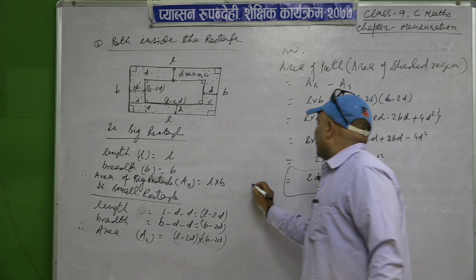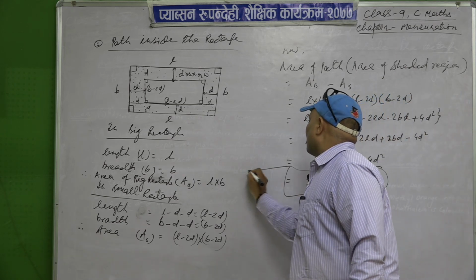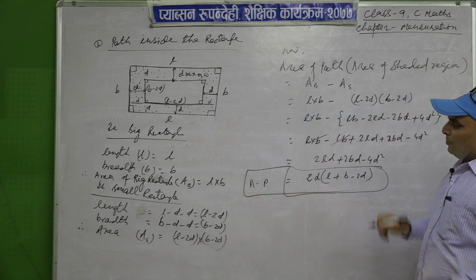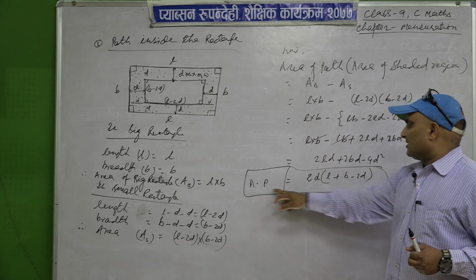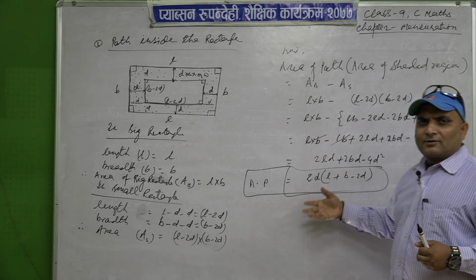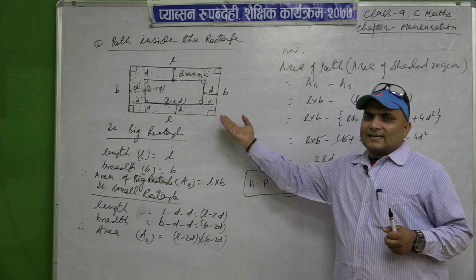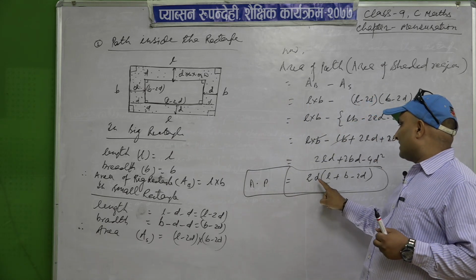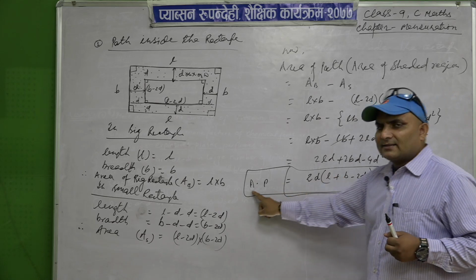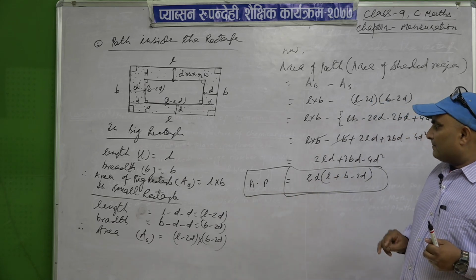This is the area of path. We don't need this much. If you use this formula, you can find out the area of this path directly. Or this is an equation. Sometimes you may be given this, then you will get the value of the area of the path.